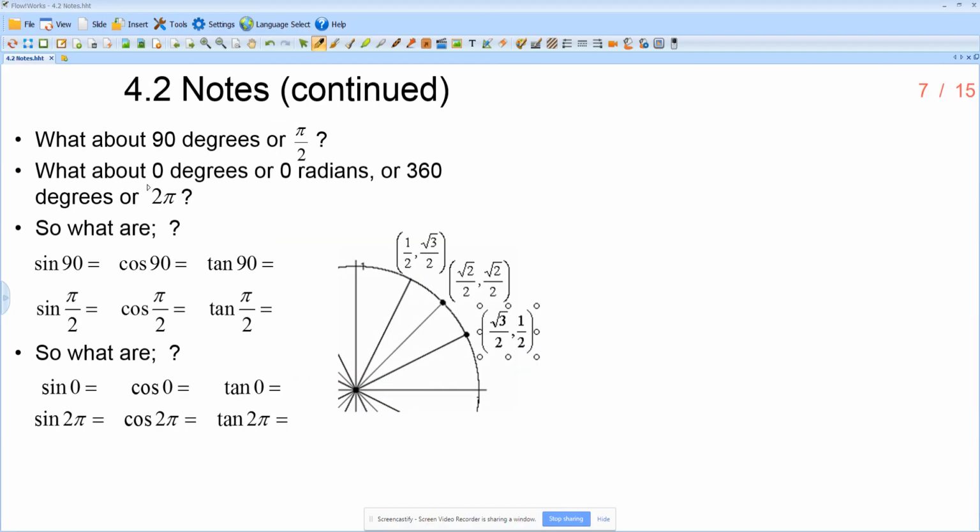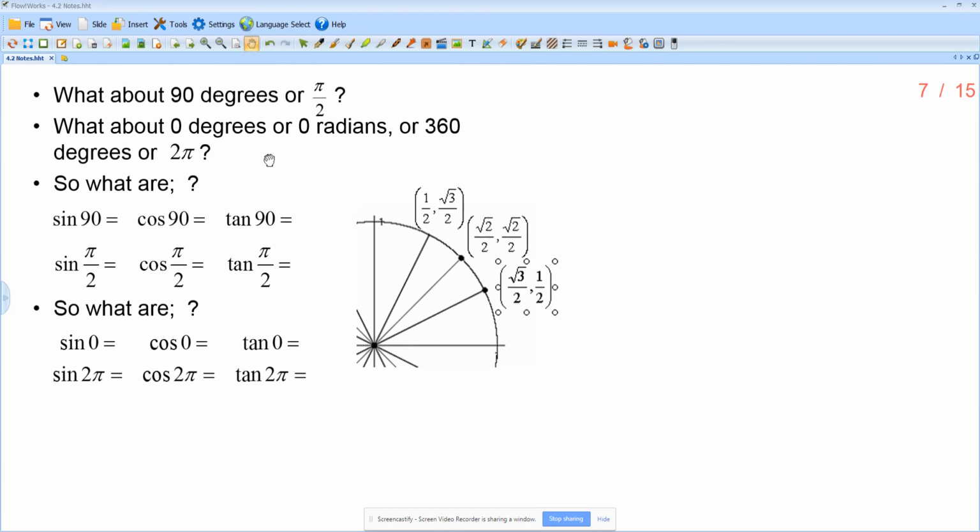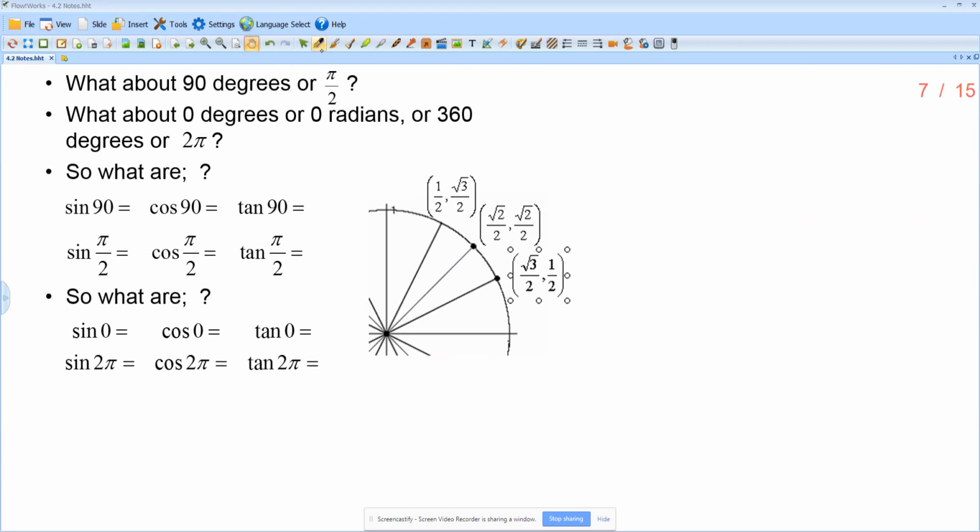Okay. What about 90 degrees or pi halves? If we were talking about 0 degrees or 0 radians, these being the same spot, or 360 degrees or 2 pi, all of what I just underlined there in red is talking about this coordinate. This is 0 degrees. It's also 360 degrees, because 360 degrees means I go around this whole circle and I'm right back here.